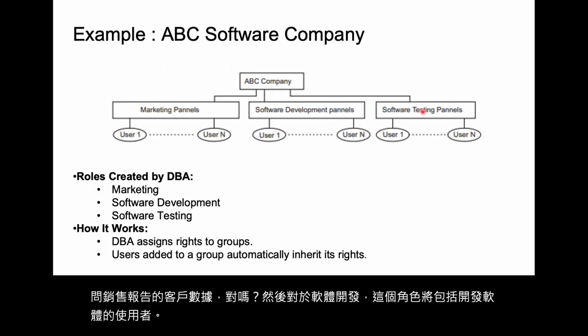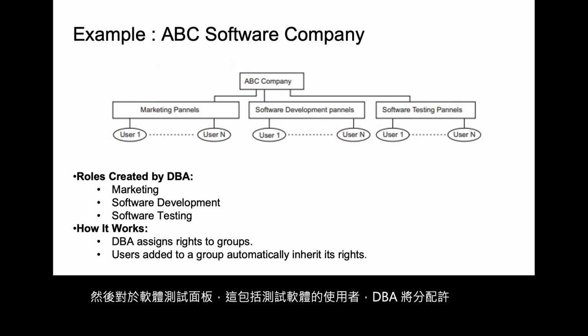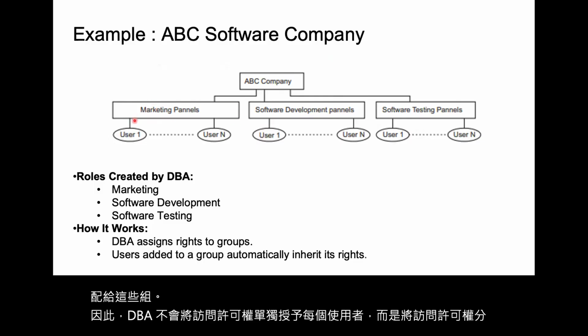And for software testing, this includes the users who test the software. And the DBA will assign the rights to the groups. So instead of giving access to each user individually, the DBA will assign the access rights to the roles or groups.